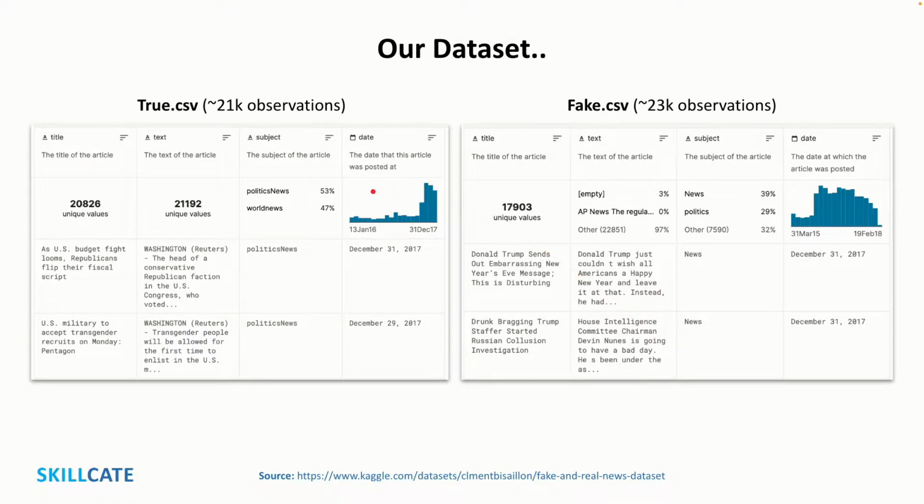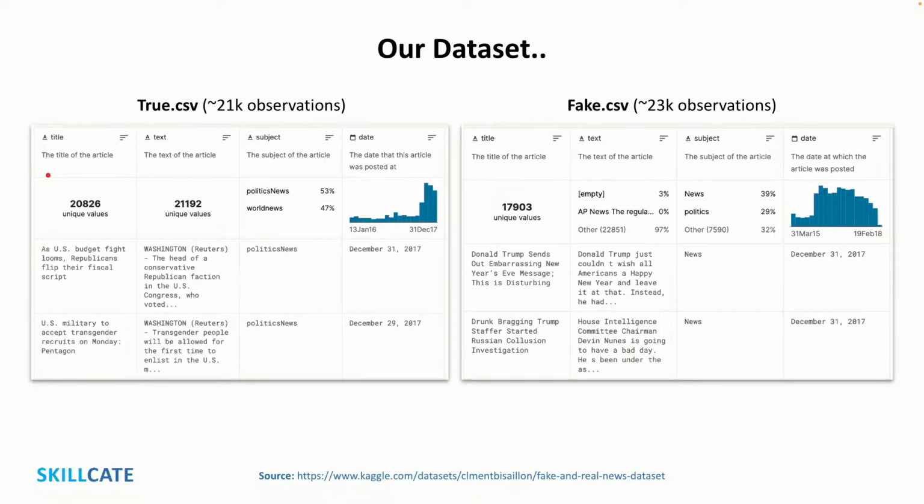Well, this is a snapshot of the dataset we are using. I have also provided a link to this in the description of this video for your ready reference. Here we have these two CSV files, true.csv and fake.csv. Both of these files have the same exact data form.